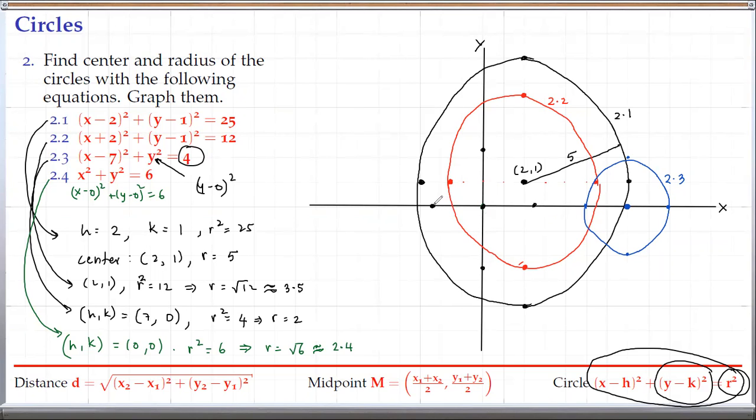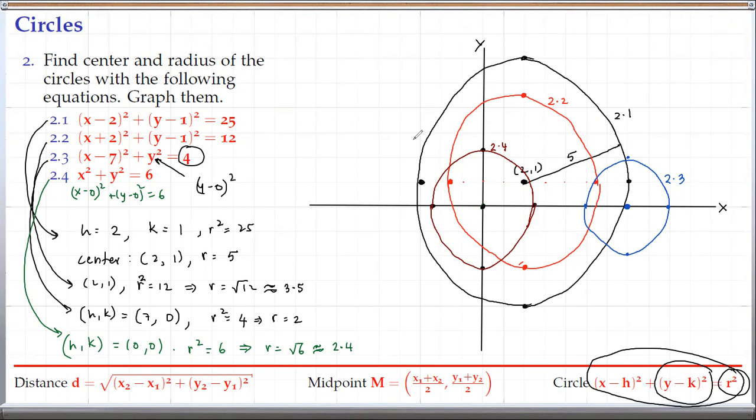So the circle must contain these points. So this is the fourth circle. So we are done with these examples. Of course, if you use decimals or other calculators to graph these equations, you will get better looking graphs.